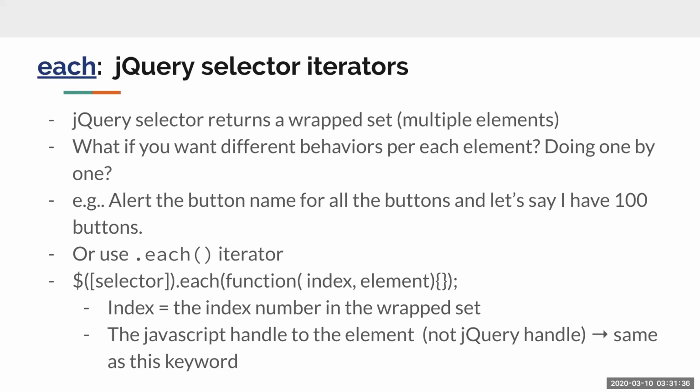So let's say you have 100 buttons, and you want some sort of behavior that is very similar to each other, but different because the button name is different, for example. What if you want different behavior per element? One way to do it is specifying the event handler one by one. It's going to work, but you can do it in batch using this each function, kind of like a for loop or iterator.